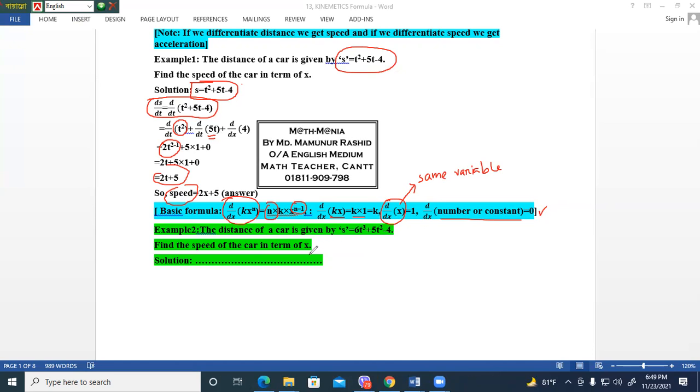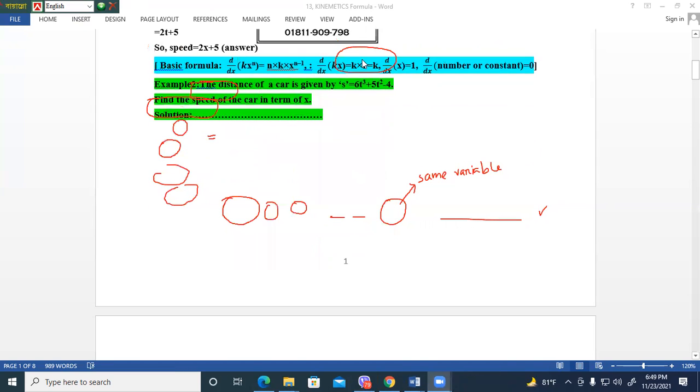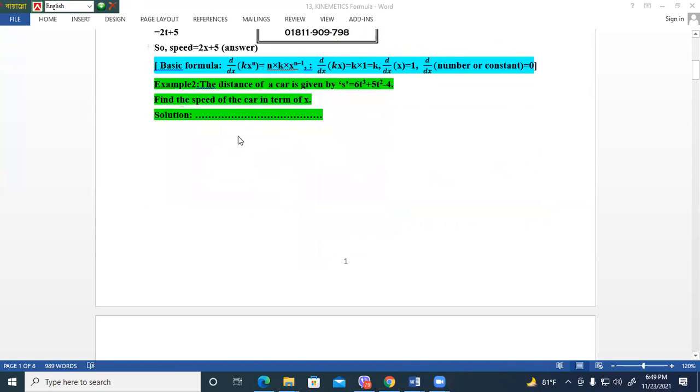So example 2 you have to do yourself. Please try with me. You try yourself and let me do this example also. Once again, s equals 6t cube plus 5t square minus 4. We have to find the speed.